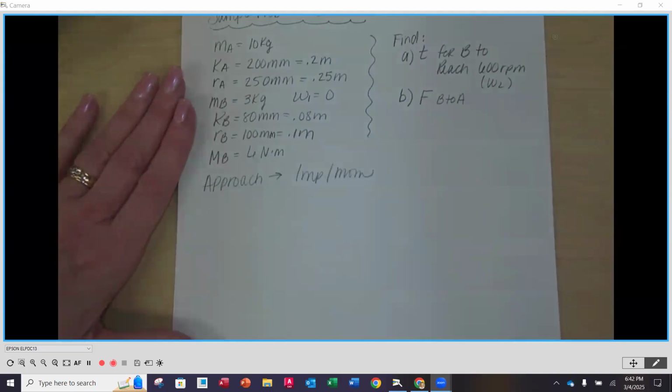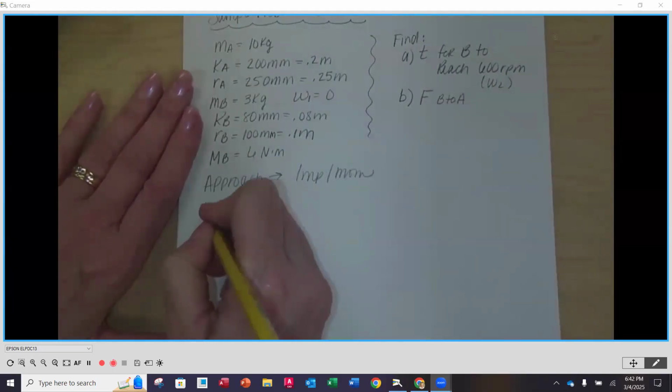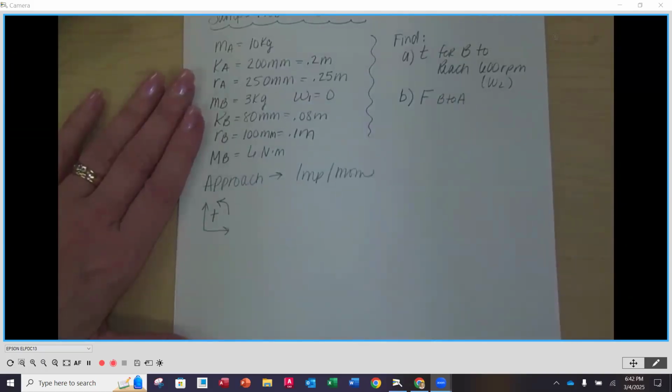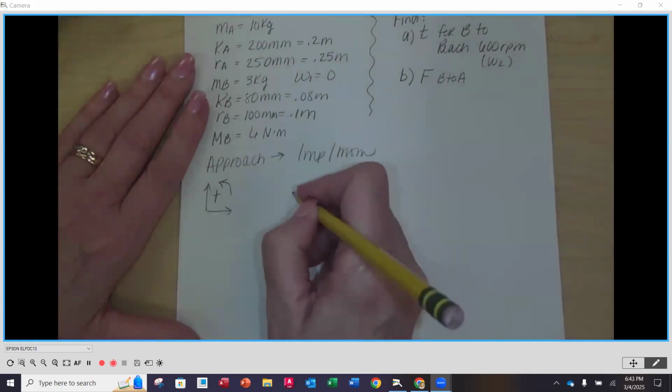Okay. Now, we need to identify that up and to the right is positive, but also counterclockwise is going to be positive. So we're using that same convention that we've been using in statics and such. So we're going to have 3 circles.